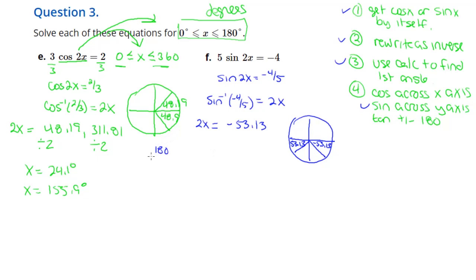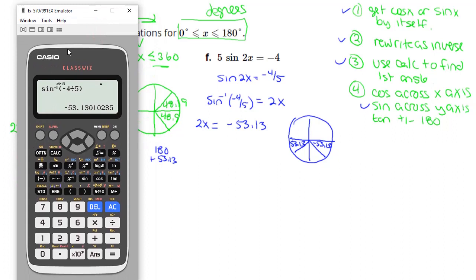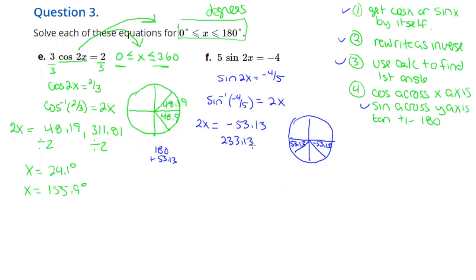I'm going to have to eventually divide by 2, but first I'm going to find this other angle, and I get 180 plus 53.13, which gives me 233.13. So that gives me an angle that obviously fits within my range of 0 to 360, and it's going to be fine because I'm going to eventually divide it by 2.